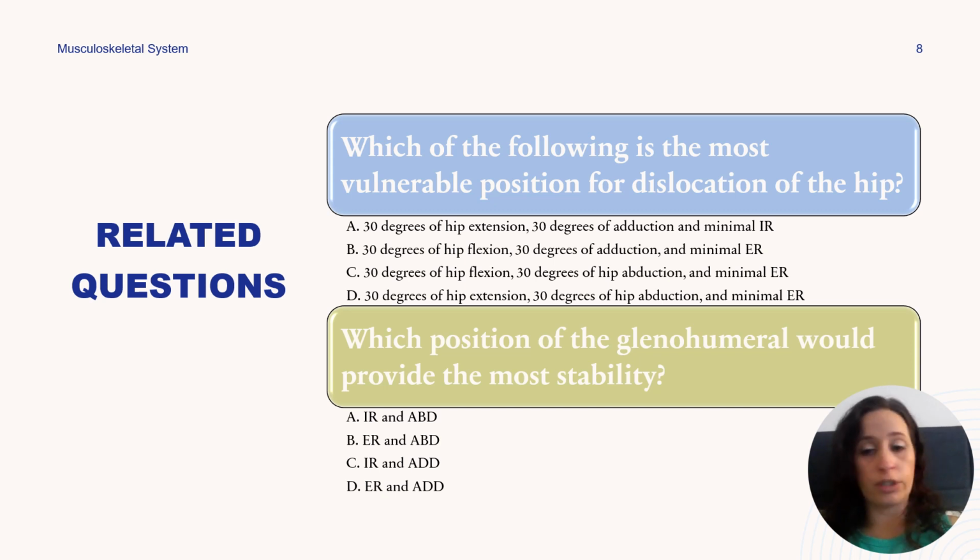If you really are just trying to guess, do it and see if it feels very congruent or not that tight. Sometimes that works, sometimes that doesn't, because they're very specific and very random sometimes, but that can help. But the answer for the first one is C, which is the loose pack or open pack position of the hip. 30 degrees of hip flexion, 30 degrees of hip abduction, minimal external rotation.